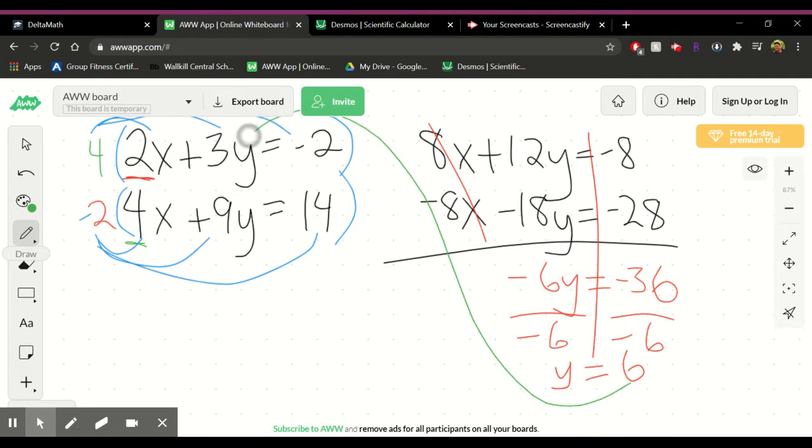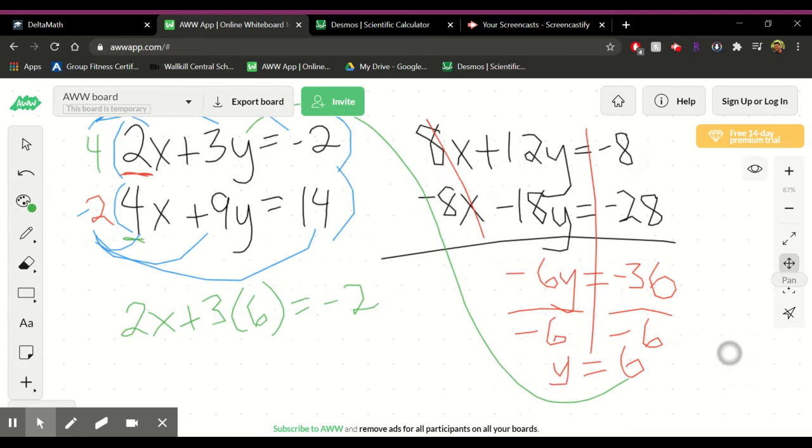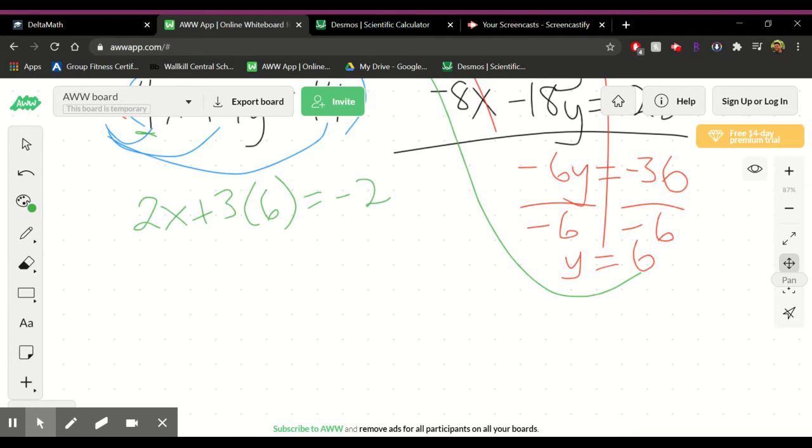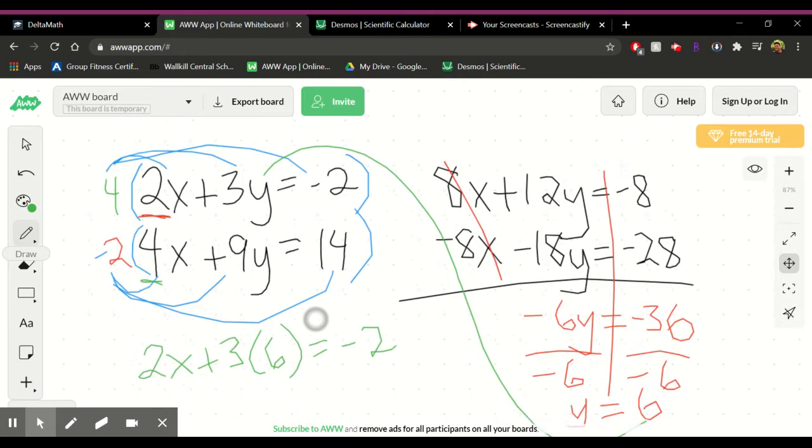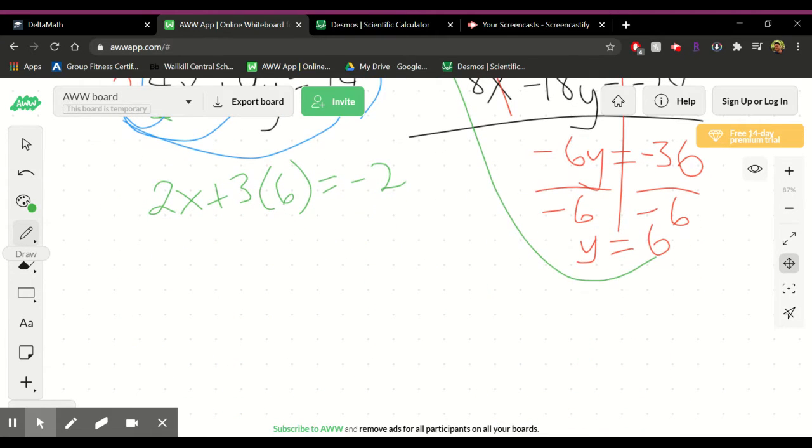There we go. Plug in the top equation. So we have 2x plus 3 times 6 is negative 2. And now we're using our two-step equation skills.